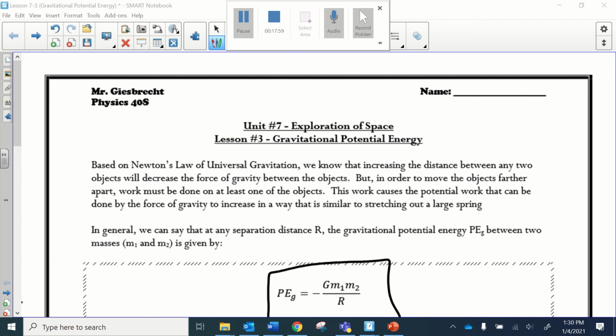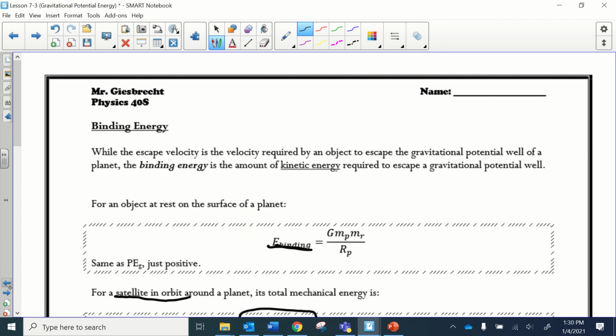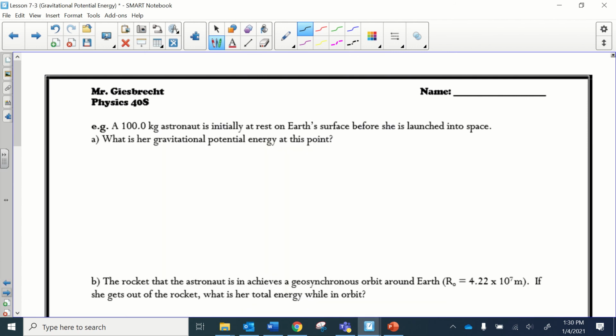We were doing this question about the gravitational potential of an astronaut that is initially at rest on Earth's surface before she's launched into space. What's her gravitational potential at this point?